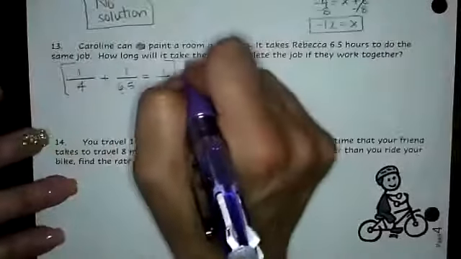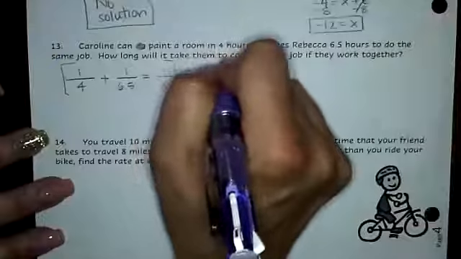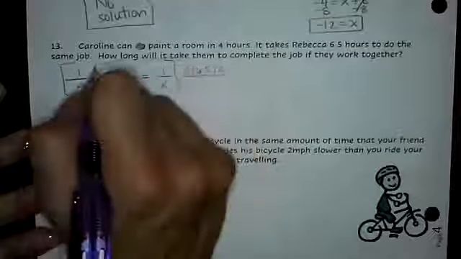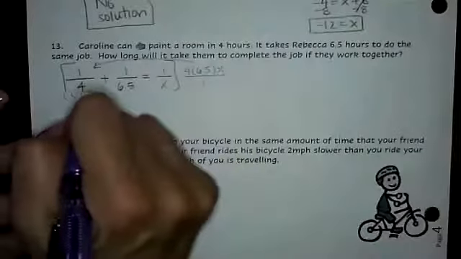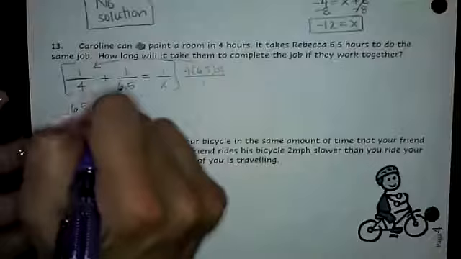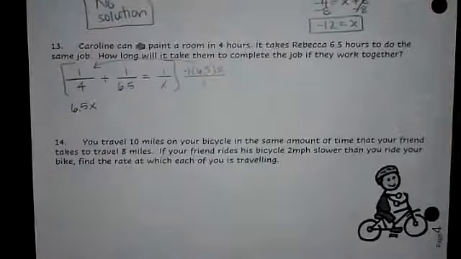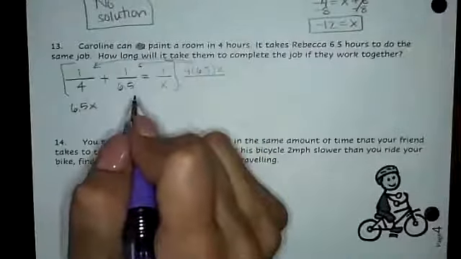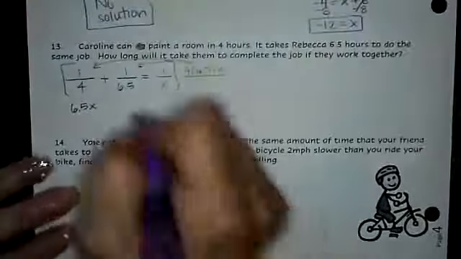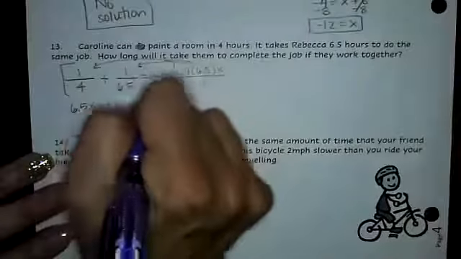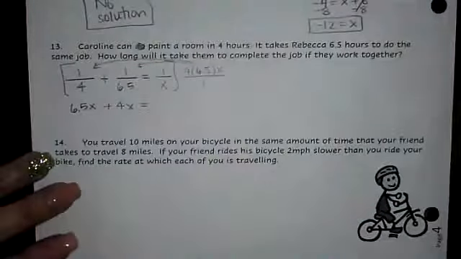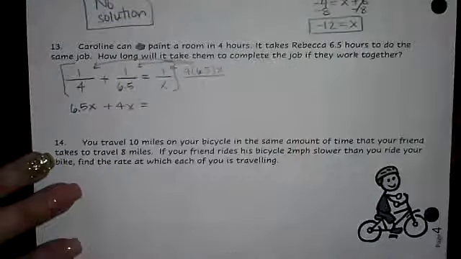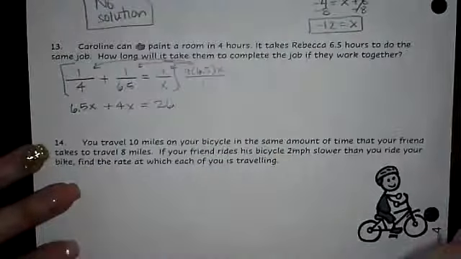You would want to multiply times 4 times 6.5 times X. That's what's going to make these cancel. When I multiply it times the first one, we get 6.5x because the 4's cancel. When I multiply this times the second one, I get 4x because the 6.5's cancel. And when I multiply it times the third one, the x's cancel. So I get 4 times 6.5, which is 26.